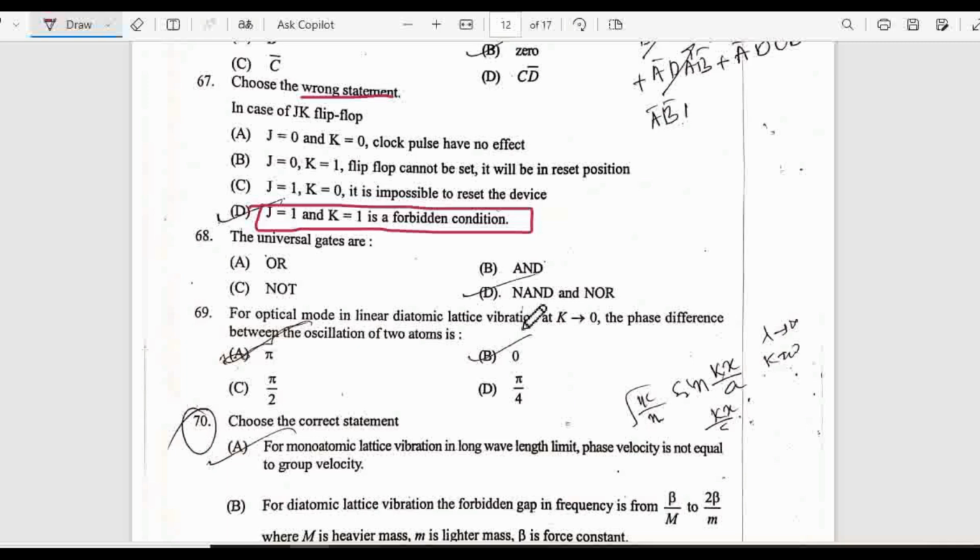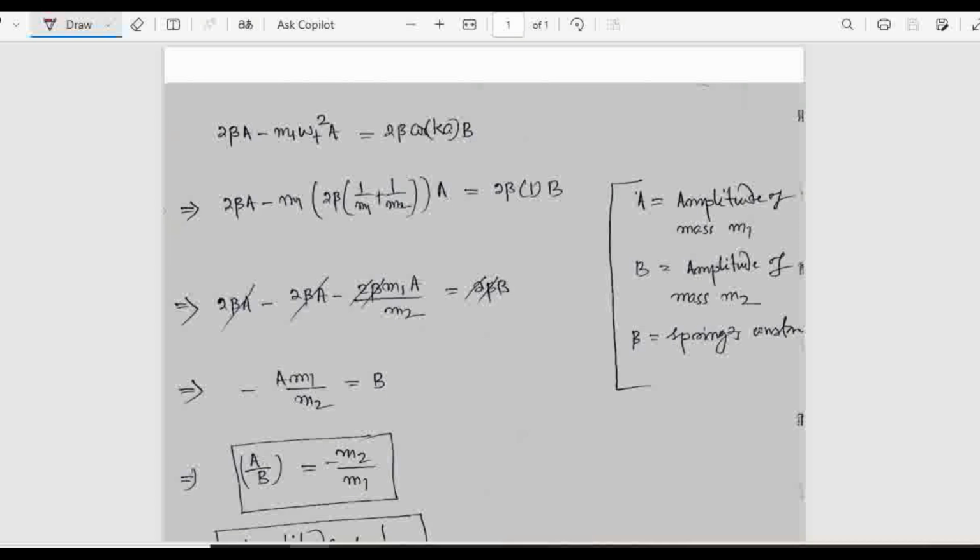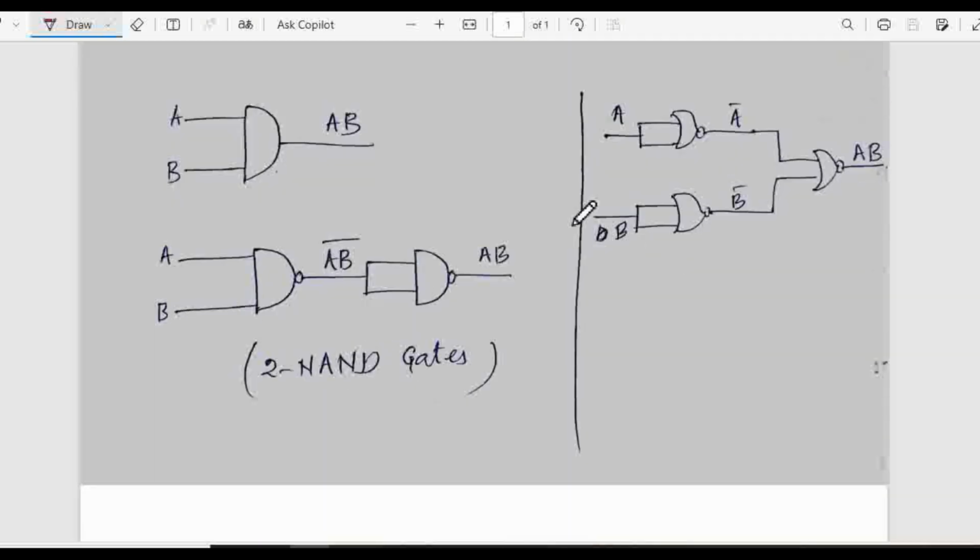How? You see, for example, to construct an AND gate, how many NAND gates or NOR gates can we use? Any idea? You see, this is a conventional AND gate. You give two inputs A, B, and you use an AND gate, you get AB.